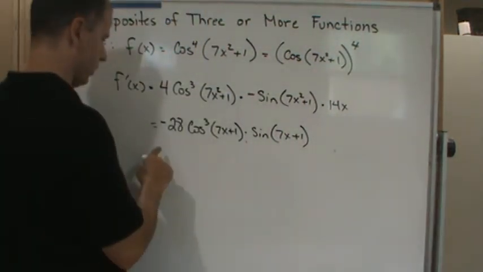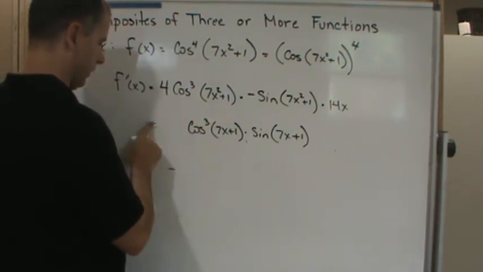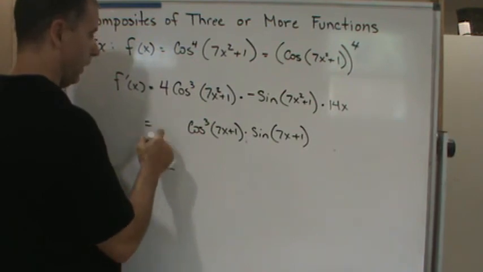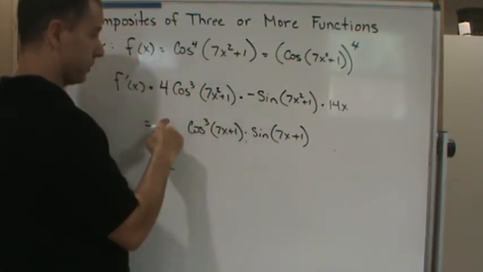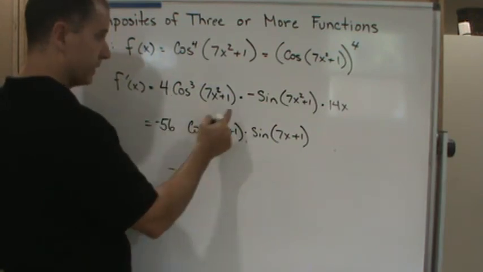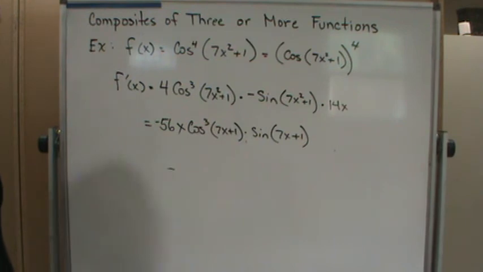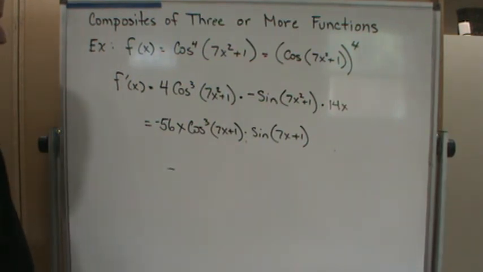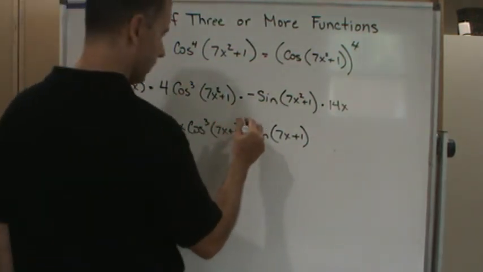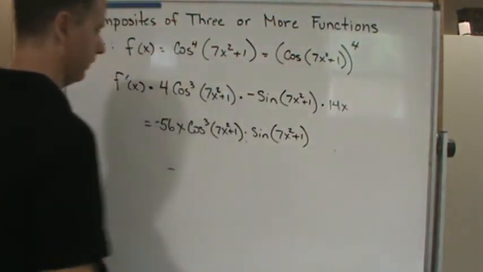And then this is going to be 4 times 14, so that's going to be 56. So this will be negative 56x. There we go. And the rest looks like it's, oh, of course, got to put my squares here.